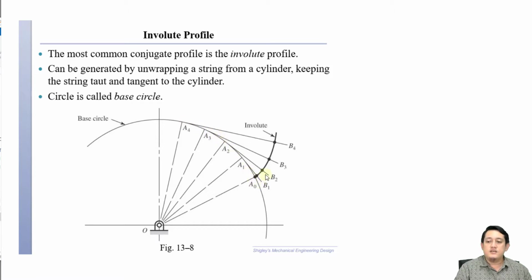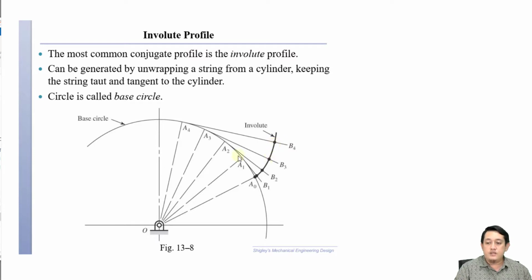So first they wrap A4 to A0, and then they stretch the string so that it is tangent with this circle, which we call the base circle.